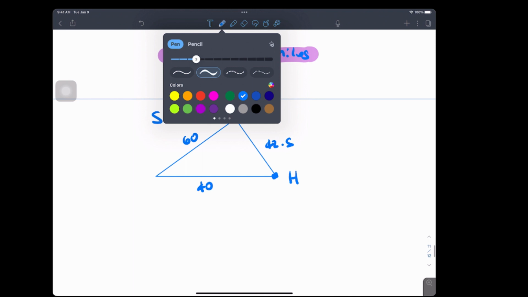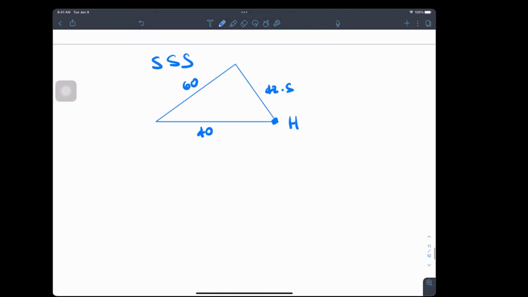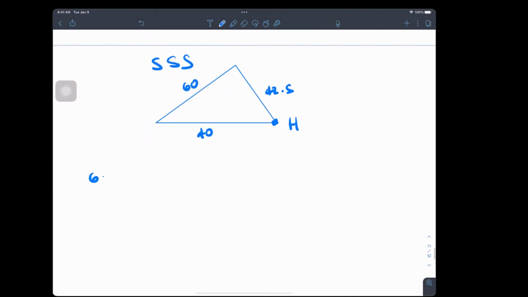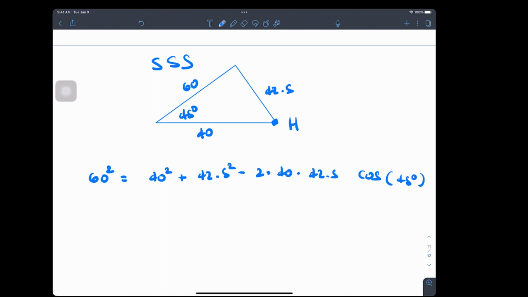So you might say, well, how do we get that? Well, by law of cosines, 60 squared is 40 squared plus 42.5 squared minus 2 times 40 times 42.5 times cosine of that angle.